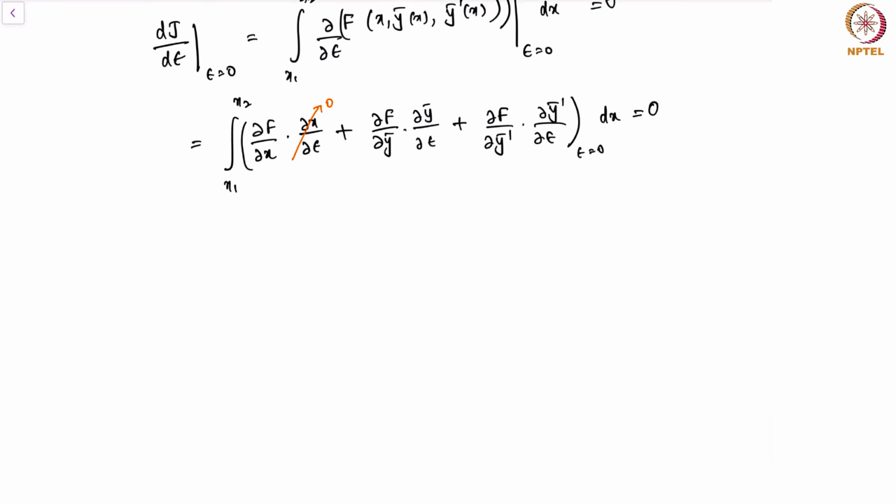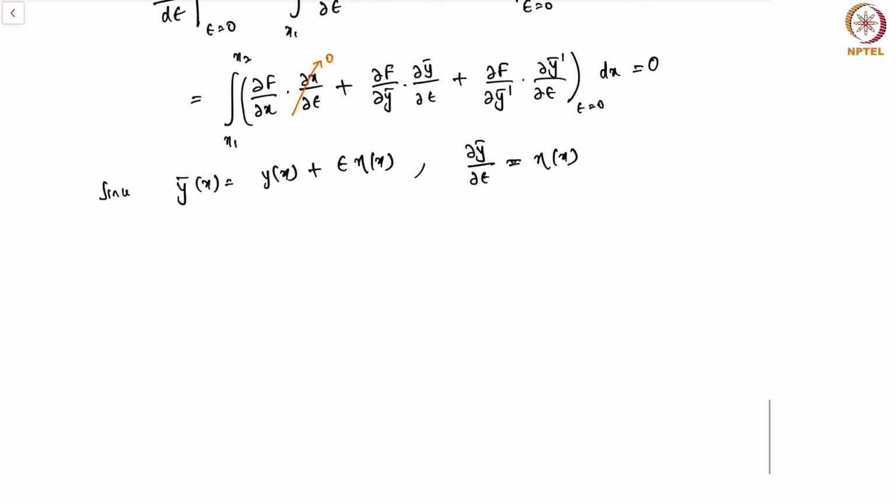Now we can calculate each of them separately. For example, since y bar of x is y of x plus epsilon eta of x, del y bar by del epsilon gives me eta of x, and y bar prime of x gives y prime of x plus epsilon eta prime of x, so del y bar prime by del epsilon gives me eta prime of x.